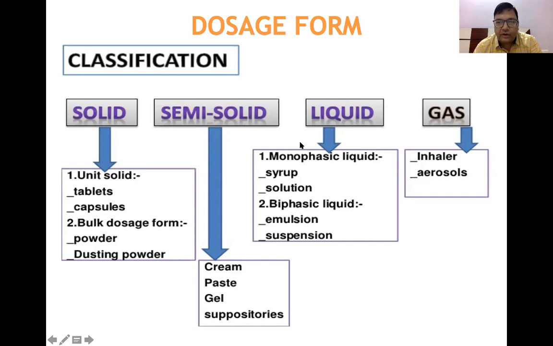The liquid dosage forms can be monophasic or biphasic. The monophasic ones are the syrups and solutions. The biphasic ones are the emulsion and suspension. And the last dosage form is the gaseous ones, which we use through inhalers or in aerosol form. So these are the different dosage forms.